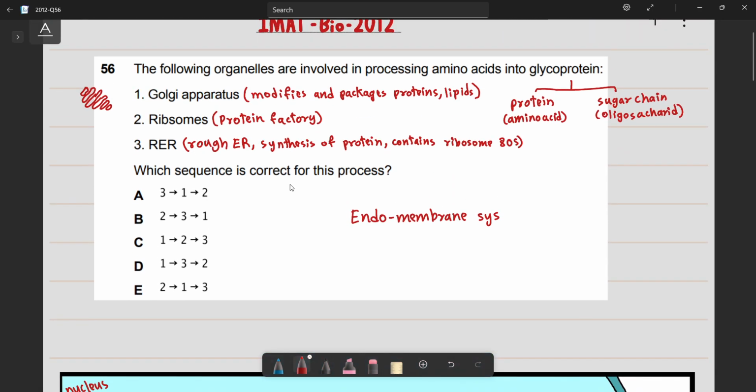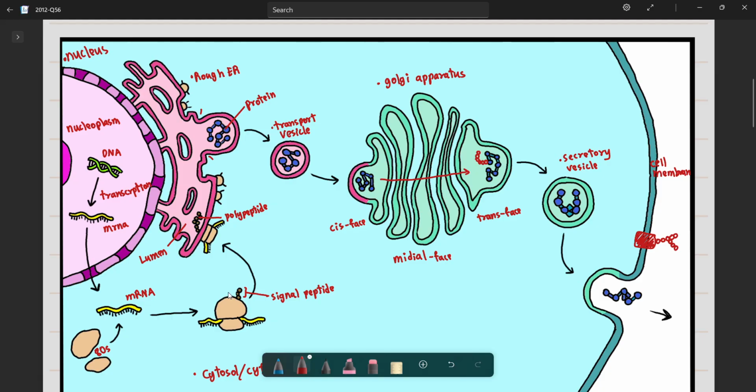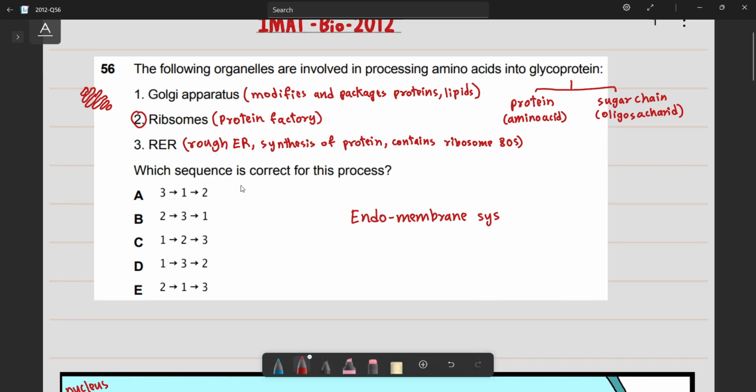Now we must be able to solve this question. The question is about the sequence, so you must order them in ascending order of occurrence. It's an easy answer. First of all, it's the ribosome. It all starts from the ribosome, which synthesizes the protein. Then the signal peptide that I've shown binds to the rough endoplasmic reticulum, where further translation takes place.